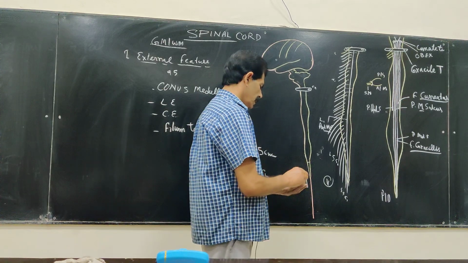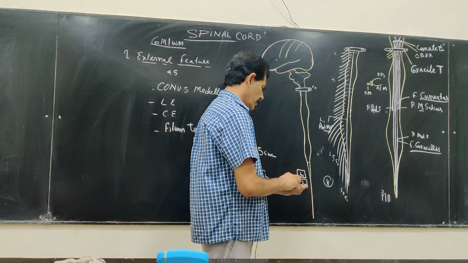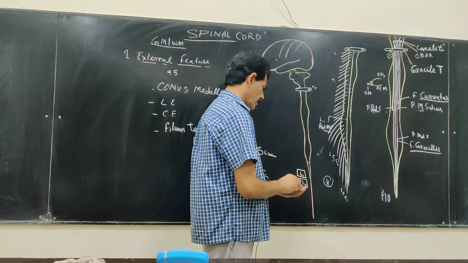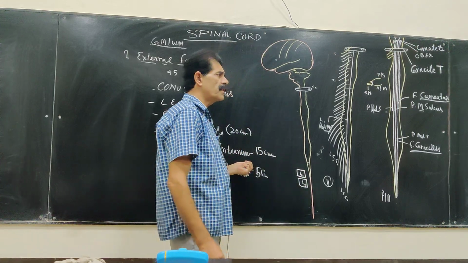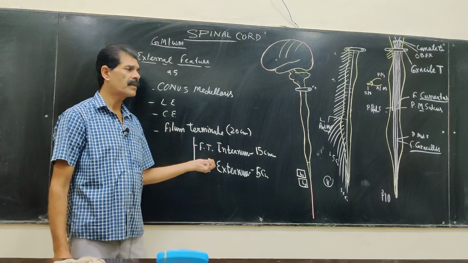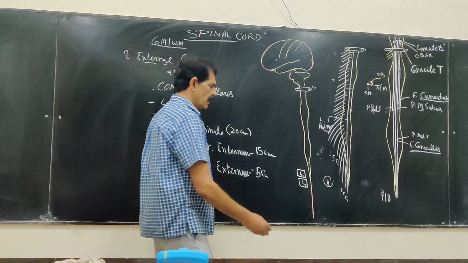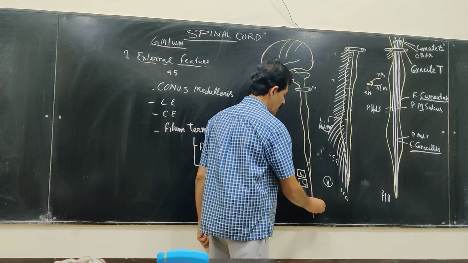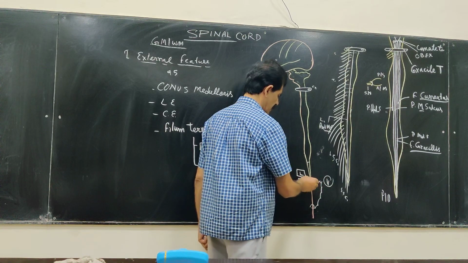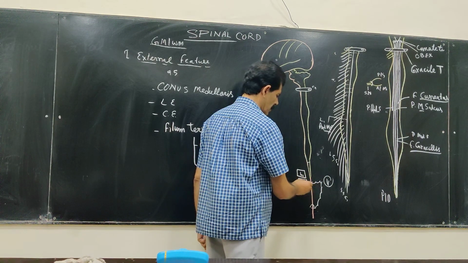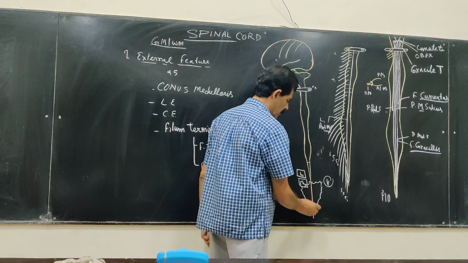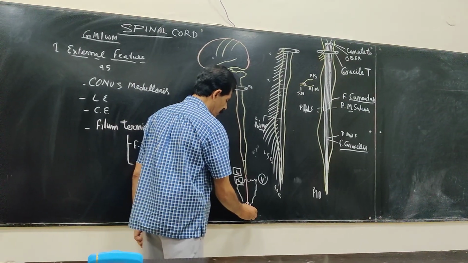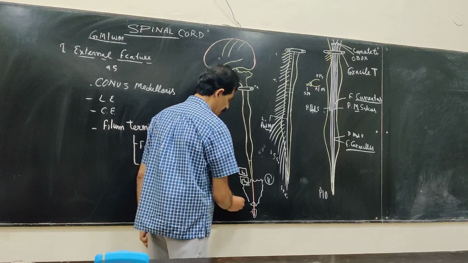So this 15 centimeter is inside, it lies in the sacral canal of the sacrum. Then the last 5 centimeter comes out to the sacral hiatus, and below this it is attached to the dorsal surface of the vestigial vertebra, that is the coccyx.